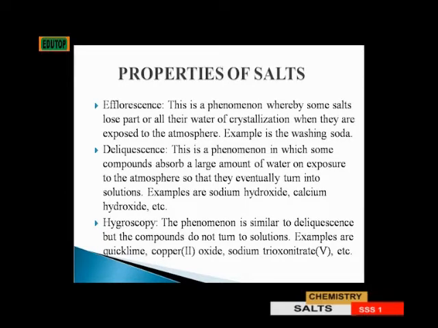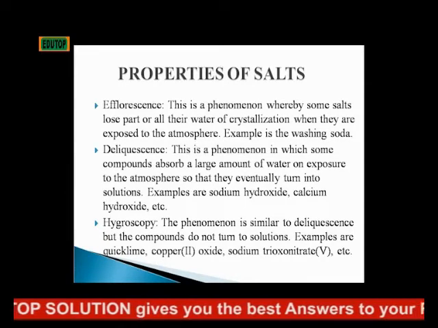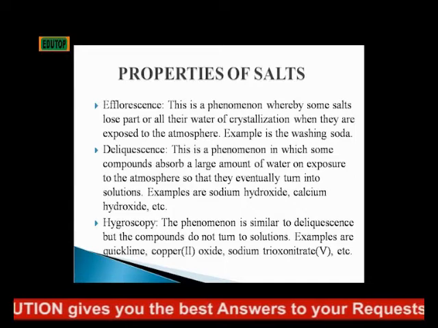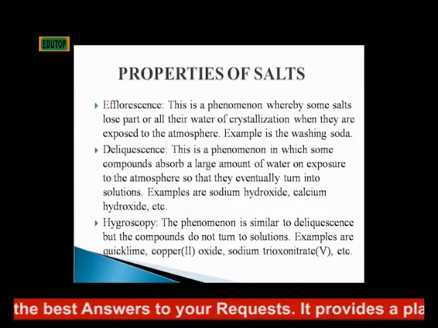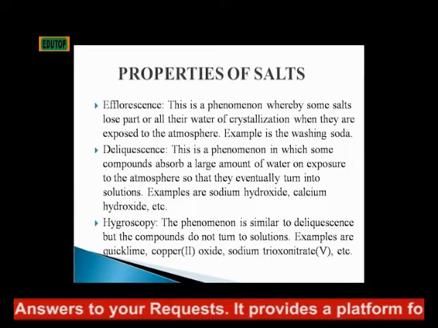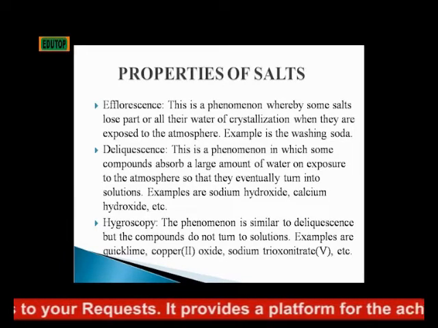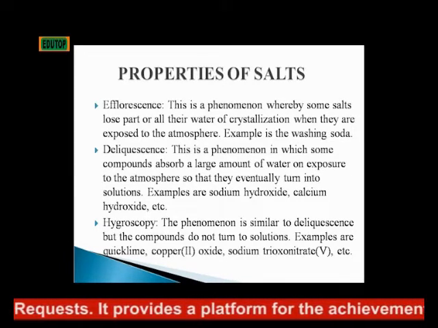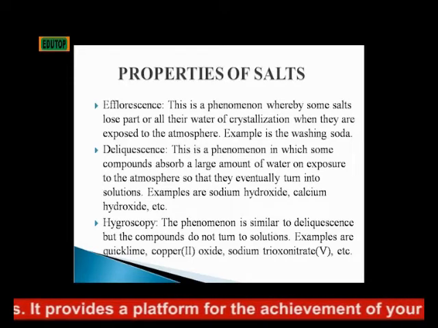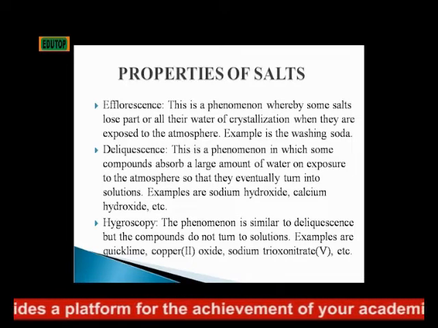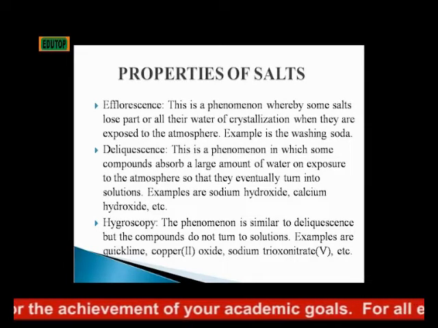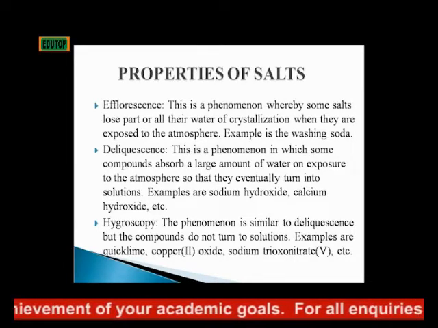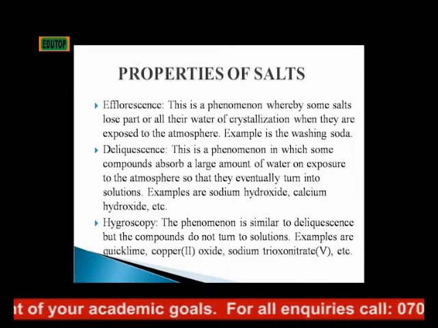Examples of substances that undergo deliquescence: number 1 is sodium hydroxide, number 2 is calcium hydroxide. Remember that having absorbed moisture or water from the atmosphere, they eventually form a solution.